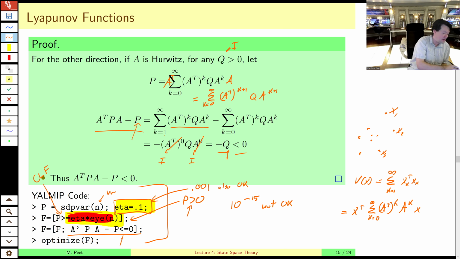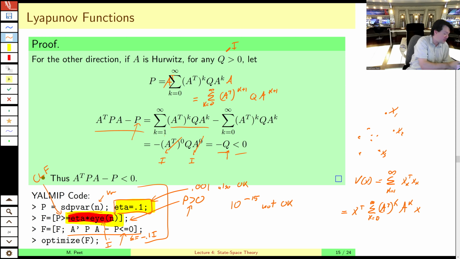And this can be non-strict. That's okay if you're not interested in strictness. Or you can add strictness however you like. In that case, it would be less than or equal to negative 0.1 I. Don't forget the I here. That's the identity matrix.